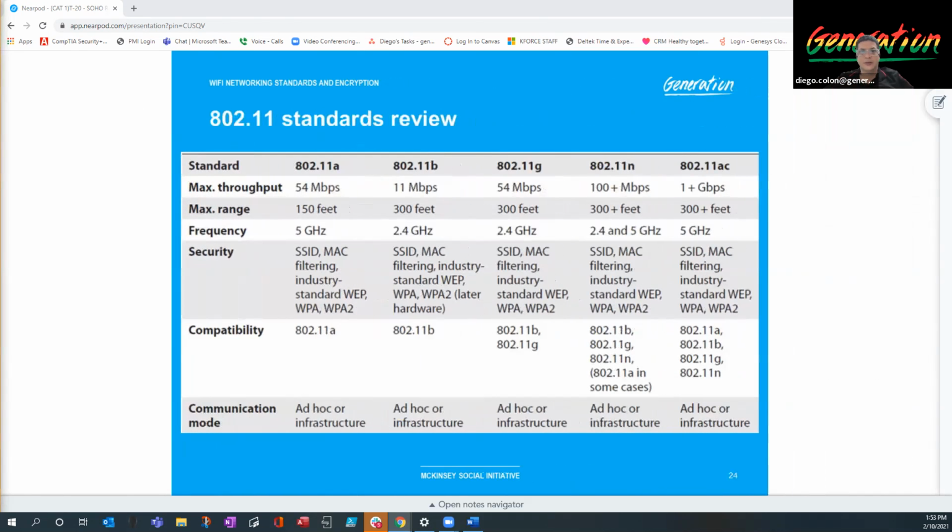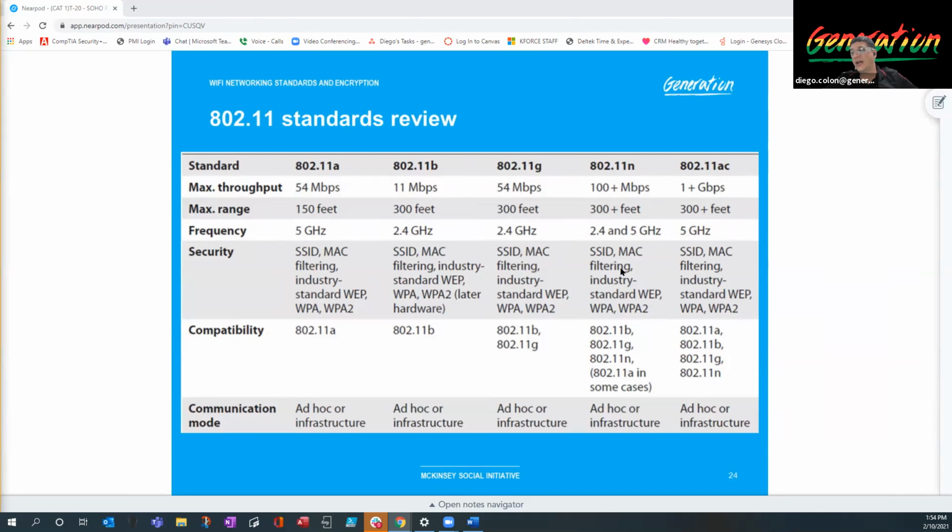All right. So here's the review overall. You have your A through your AC, your different speeds, your actual distances. A is the only one that can go only 150. It is the one that is on 5 gigahertz, but you'll notice here at the outer ends, again, you have the 5 gigahertz.